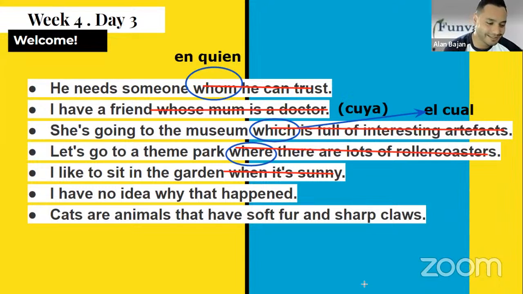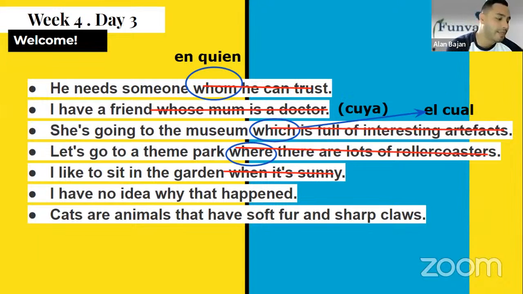Let's go to the next sentence. Can you help me to read the next sentence? Please, Cristian Quijano H. Can you help us to read? Yes, teacher. Thank you. I have no idea why that happened.